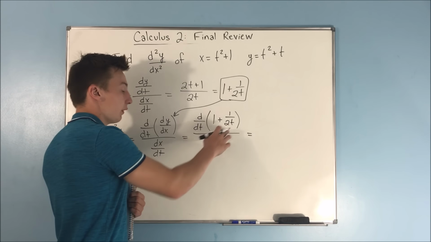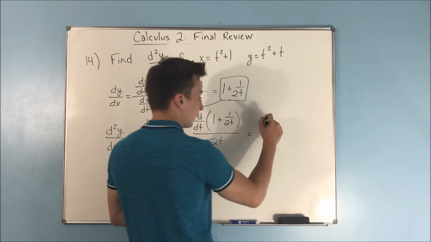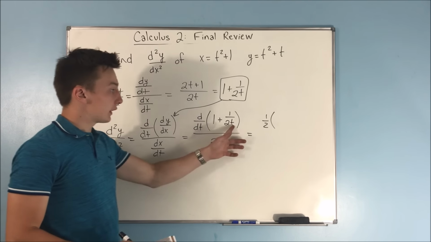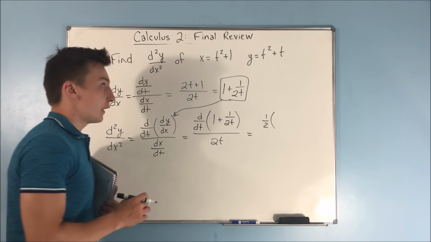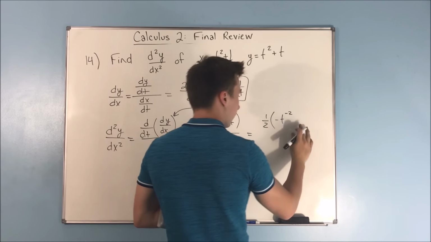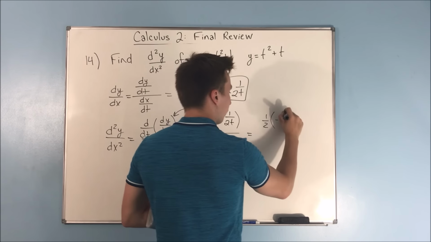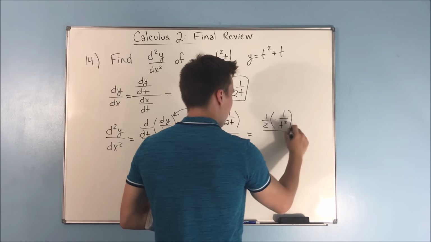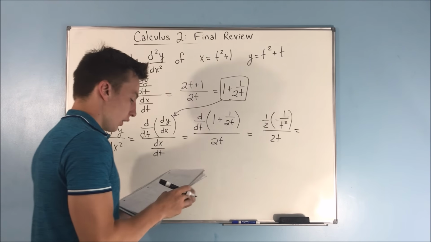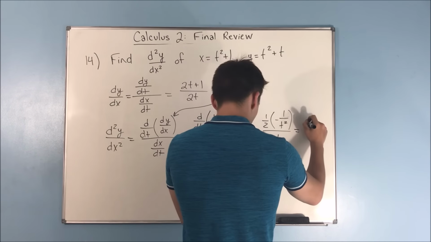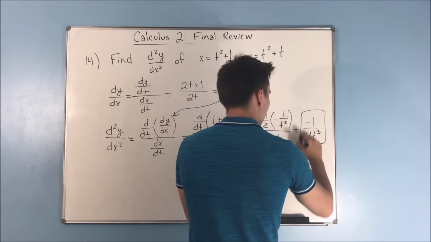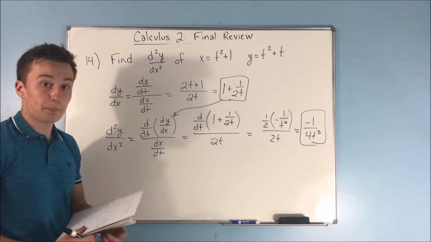What we're going to get is a 1/2 times t to the negative 1, so this becomes negative 1/2 t to the negative 2, which is the same thing as negative 1 over 2t squared. Put that over 2t. And then simplifying this down, you get that this is equal to negative 1 over 4t cubed. And right there is your second derivative.